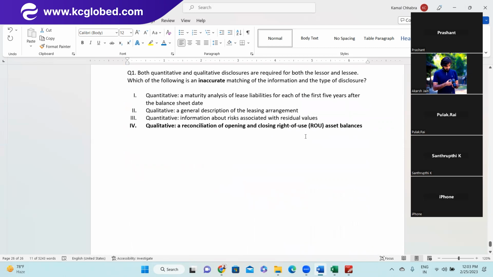So the statement sounds right, but it is a quantitative disclosure, not a qualitative one. That's the catch. Everyone agree?